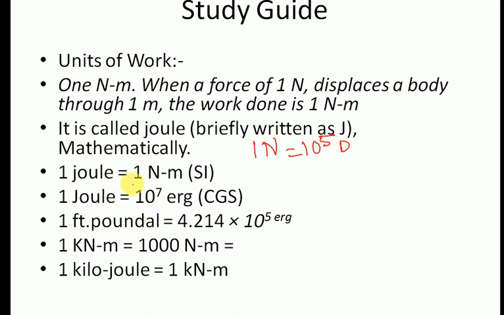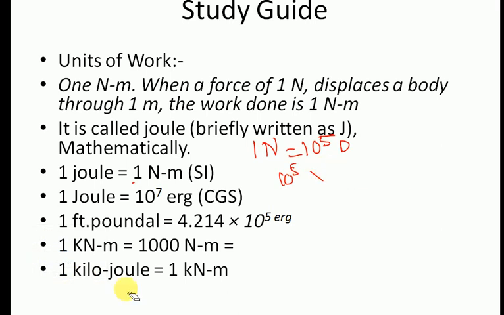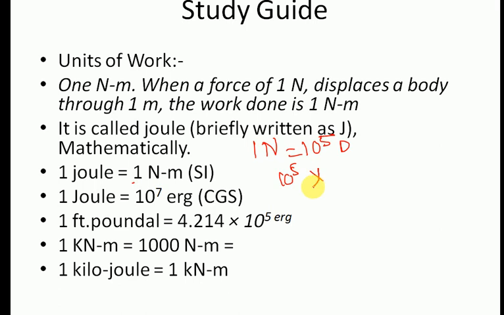Now 1 Newton meter means 10 to the power 5 dyne multiplied by 1 meter, and 1 meter equals 10 to the power 2 centimeter. So it will be 10 to the power 7 erg. This is called erg, and erg is a unit in the CGS system.